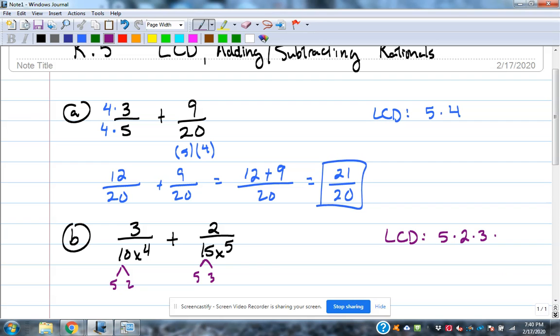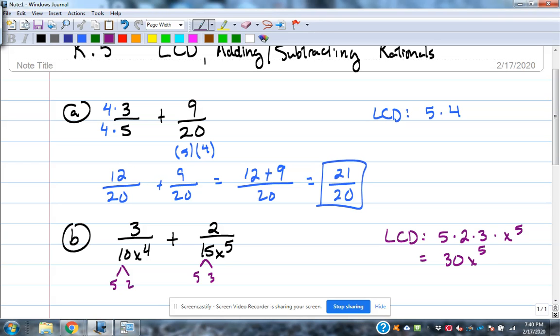So the smallest amount that 5 x's will go into is 5 x's, right? So we need 5 of them in our least common denominator. When it's just a variable, you need the biggest group of them that there are. So when it's just x to the 5th and x to the 4th, we need x to the 5th. So our least common denominator, 5 times 2 times 3, would be 30x to the 5th.